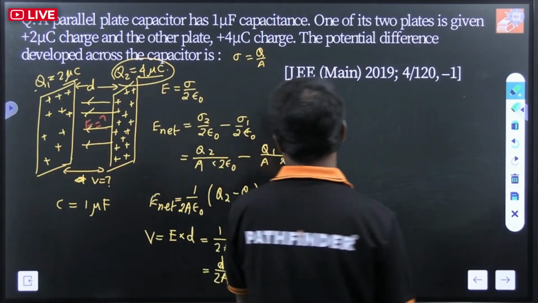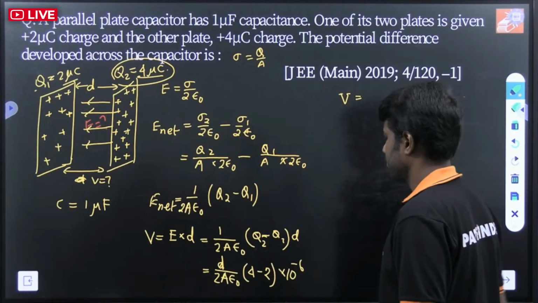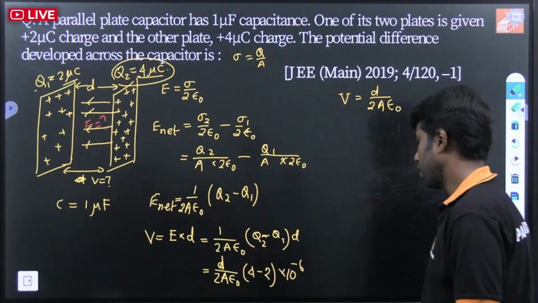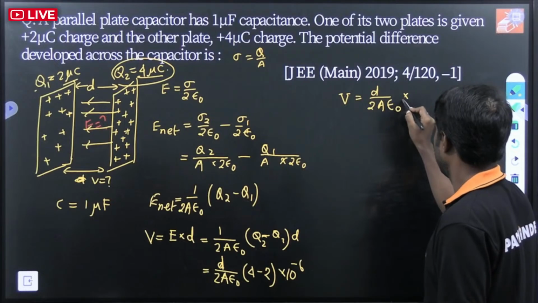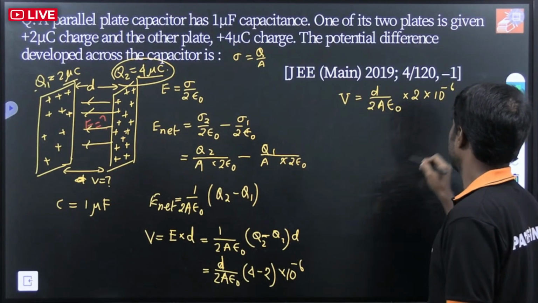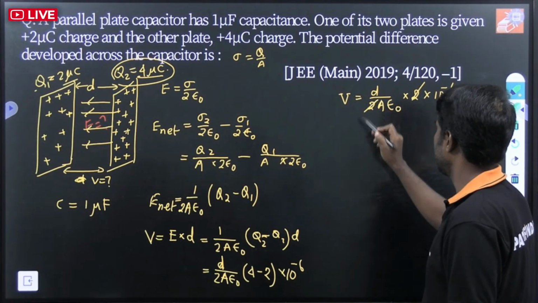So finally we get V equal to D by 2A epsilon naught, and 4 minus 2 is 2, into 10 power minus 6 volt. Now these two get cancelled.